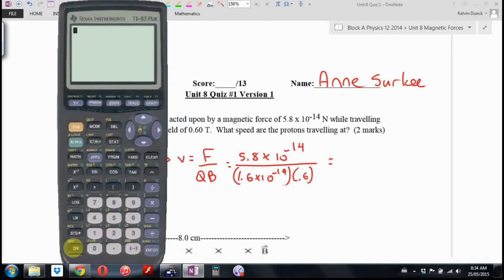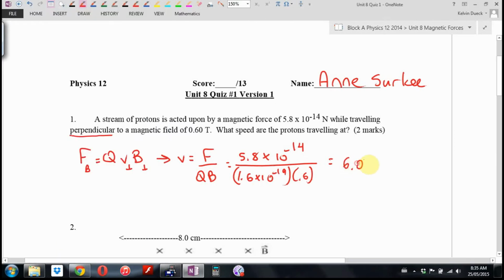Here we go, 5.8 to the negative 14 divided by 1.6 times 10 to the negative 19 times 0.6. You get 6.04 times 10 to the 5th meters per second.